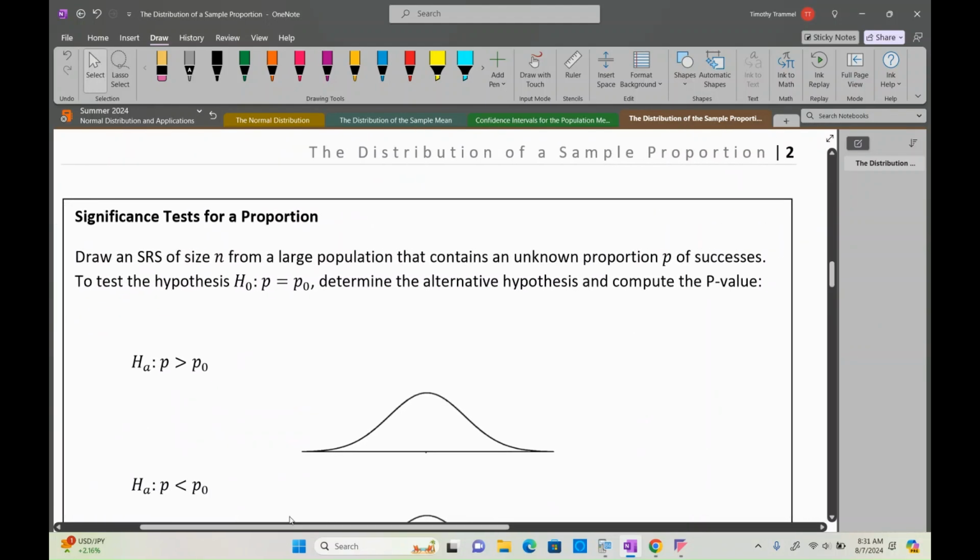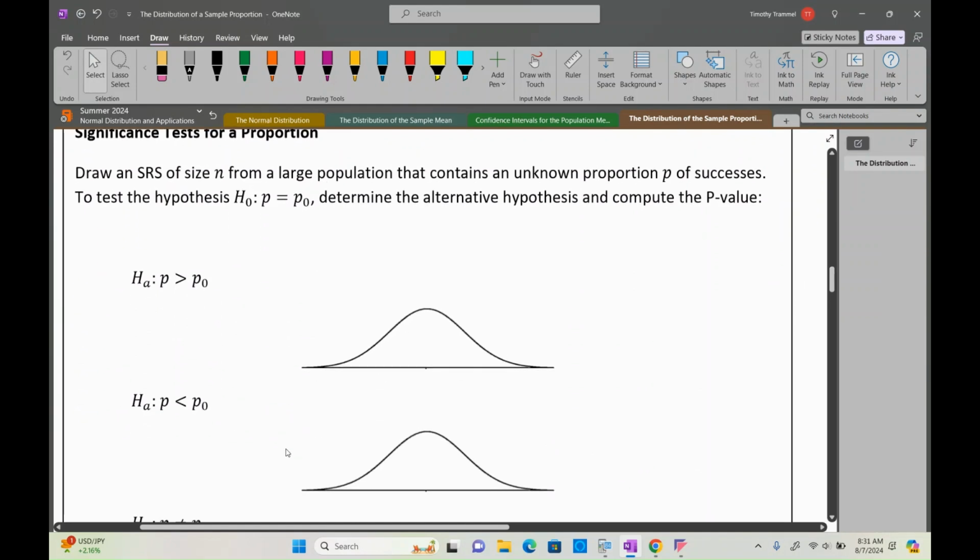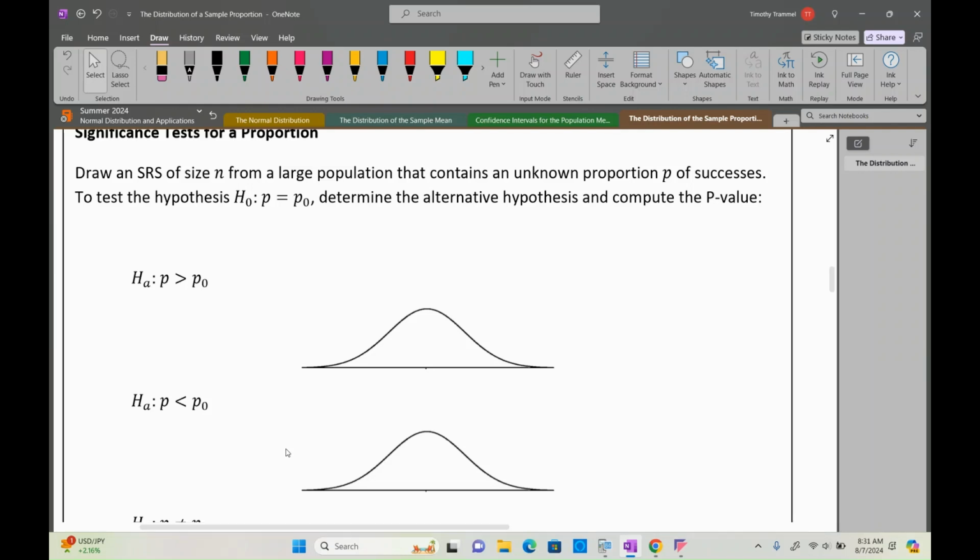All right. So let's take a look at performing our hypothesis tests here. When we perform our hypothesis tests, we are going to have a population proportion and a sample proportion as opposed to a population mean and a sample mean.